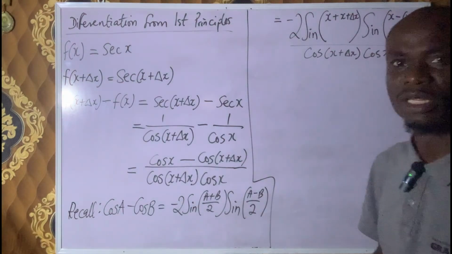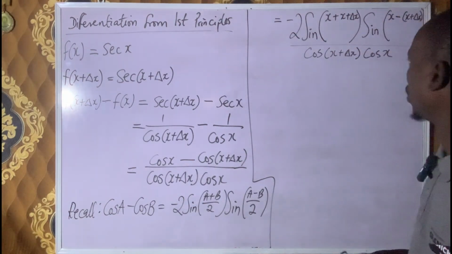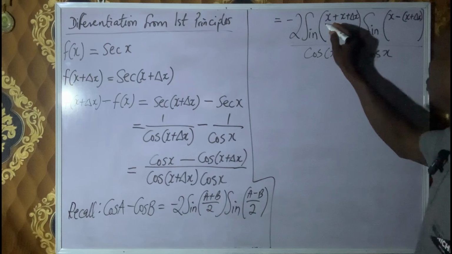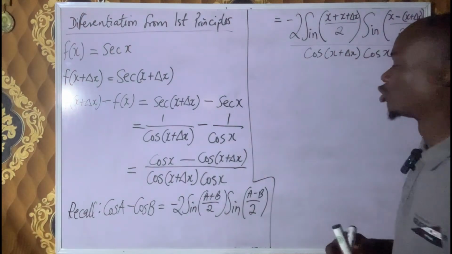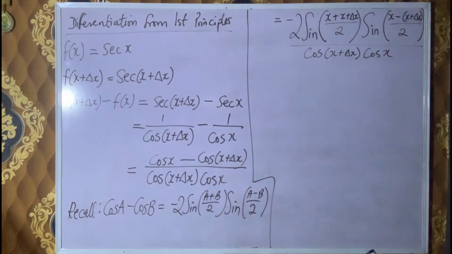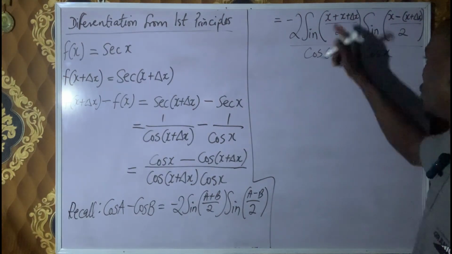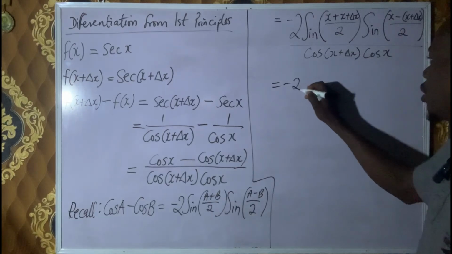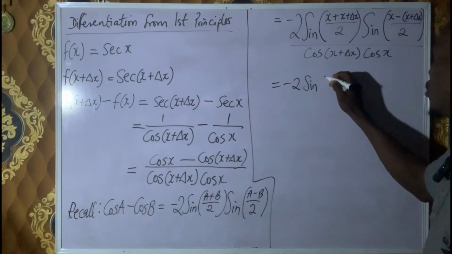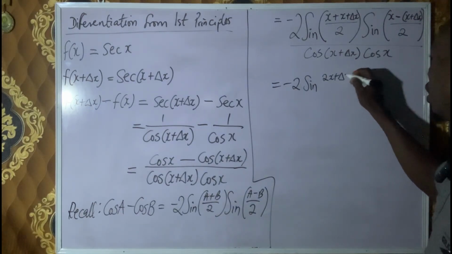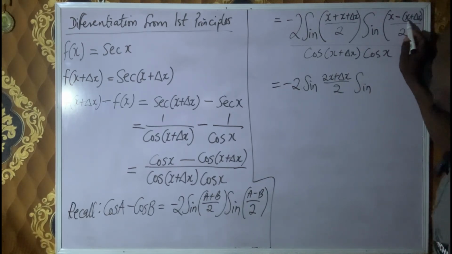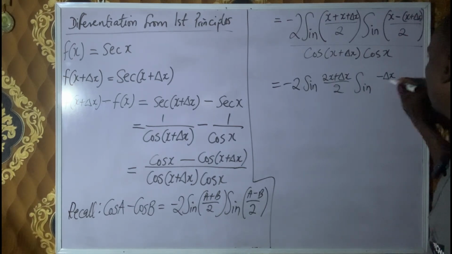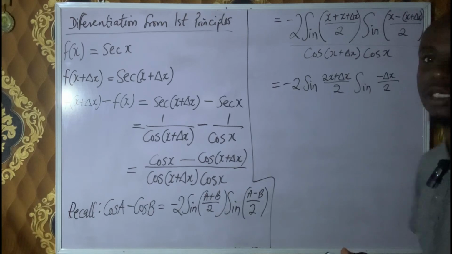Okay, the denominator remains the same. Then if you look at what we have now, x plus x is 2x. We have minus 2 sine of (2x plus delta x) over 2, times sine of (x minus x is gone, minus plus is minus) minus delta x over 2 remaining.